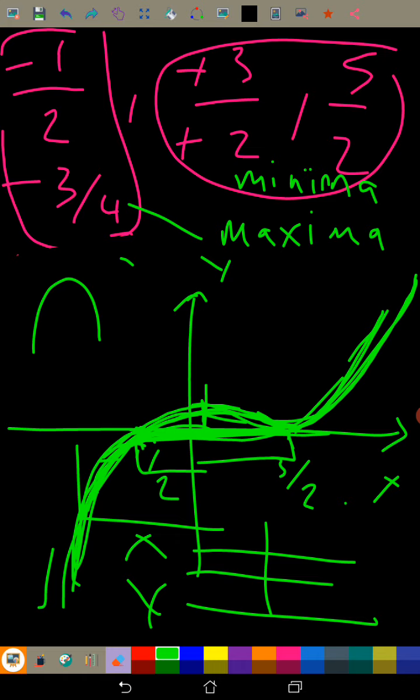Okay, so enough of this. I think we got the maxima, we got the minima from the derivative, and at these points they are zero. So this might just be the derivative.